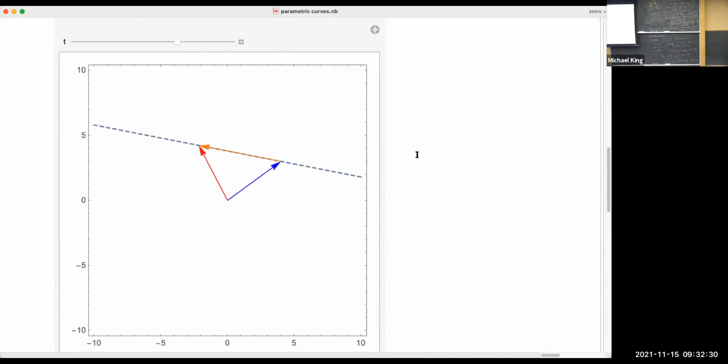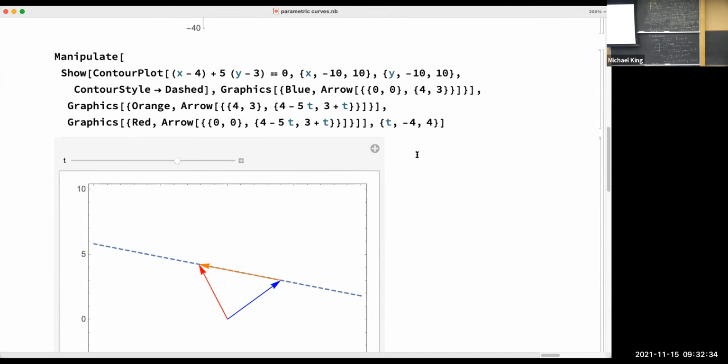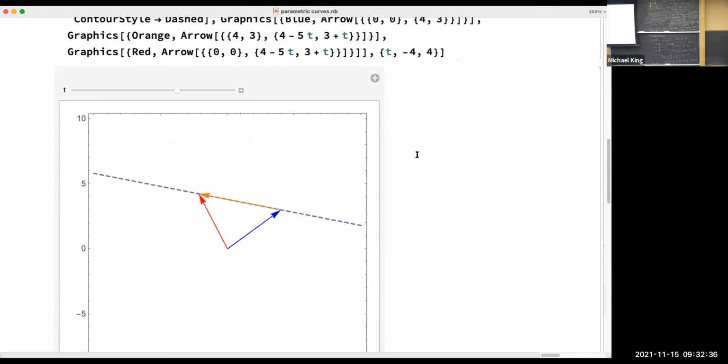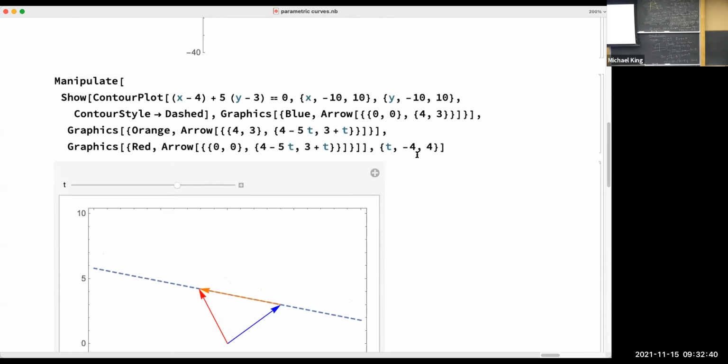Do I dare try to think I'm smart enough to change this to make it into that line? That seems like a dangerous proposition. It's not that bad.